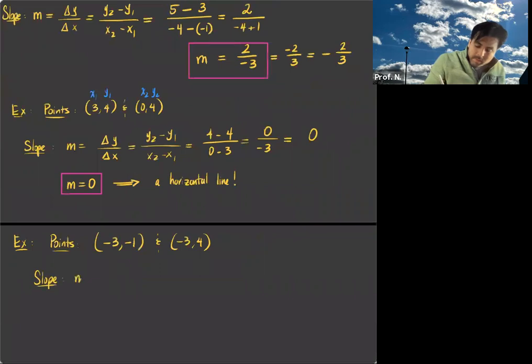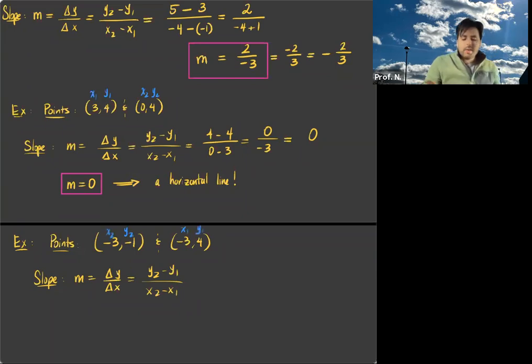The slope is the change in y over the change in x, y2 minus y1 over x2 minus x1. And I'm just going to switch this around a bit. This is going to be x2, y2, x1, y1. Again, I don't have to always call this x1. I can call this x2. I still get the same answer at the end regardless.